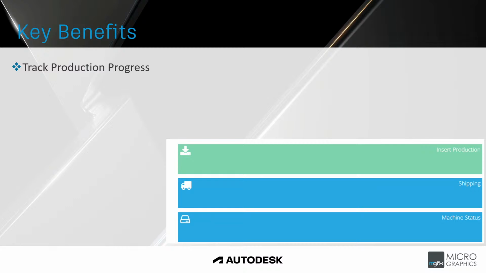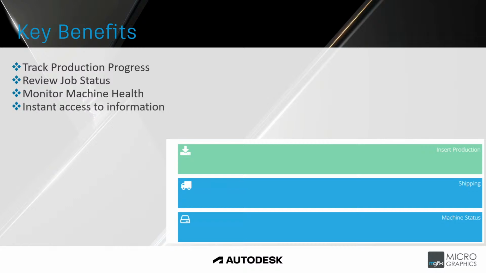Now, you'll see there's a few key benefits: track production progress, review job status, monitor machine health, instant access to information, and real-time visibility. Critically for fast-paced manufacturing, the key benefit of using Fusion Operations on a tablet is the ability to access real-time data from anywhere on the shop floor or even remotely.